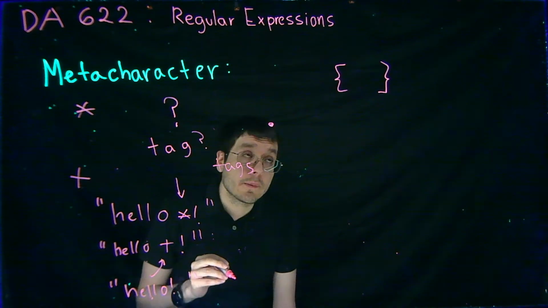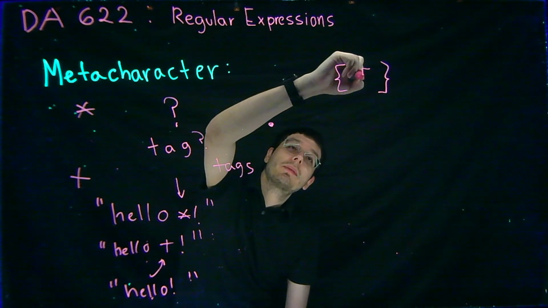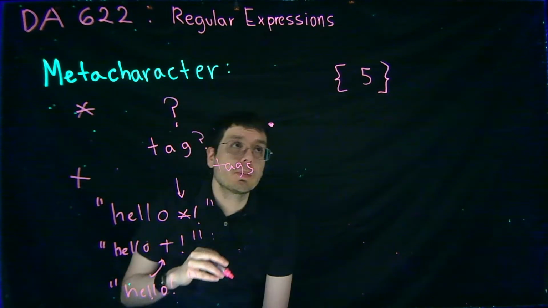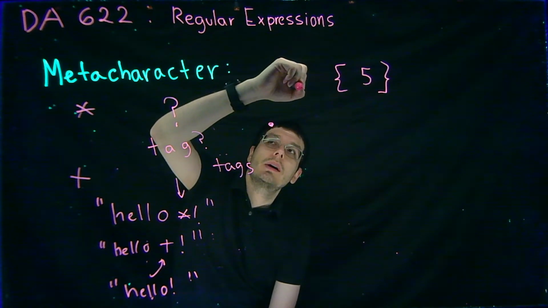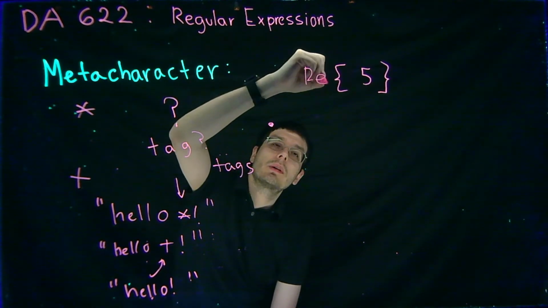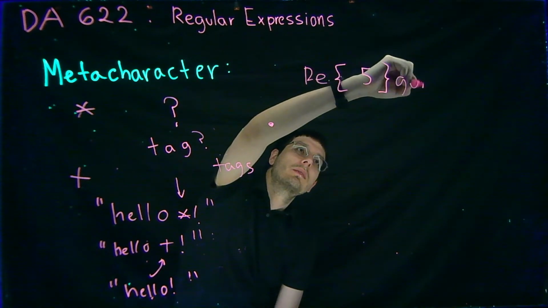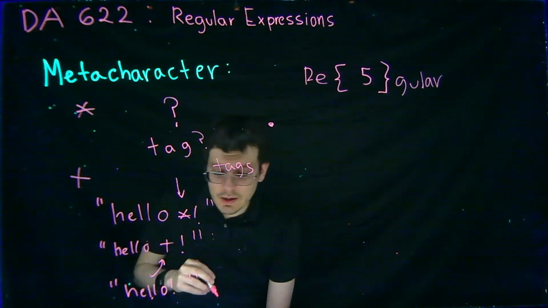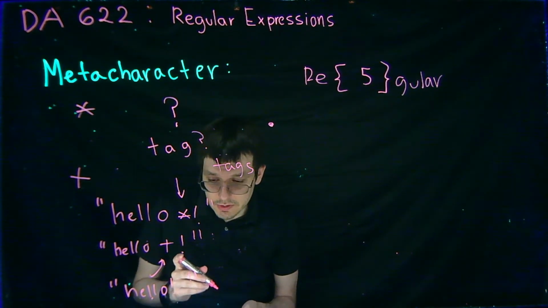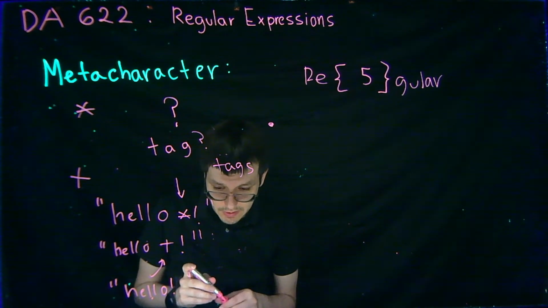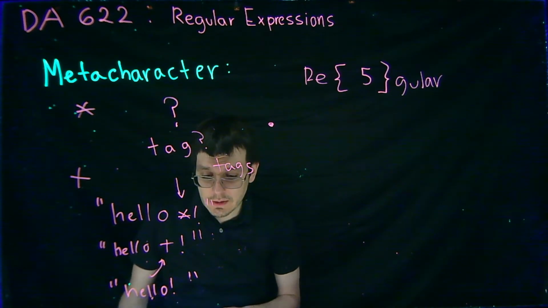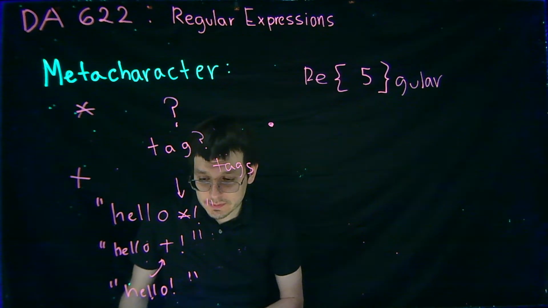How many do you want? So if you want 5, you put a 5 in there. And so you would put a term like RE, regular. And so that would have potentially 5 things that you could have in there of what you're looking for, basically.